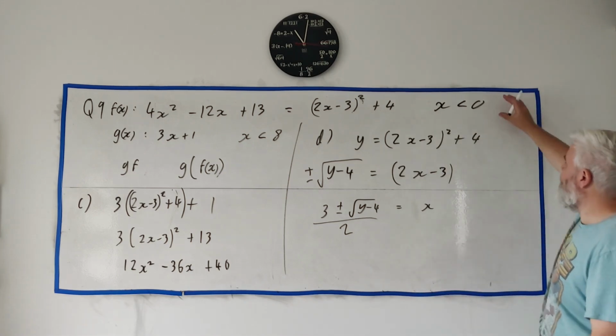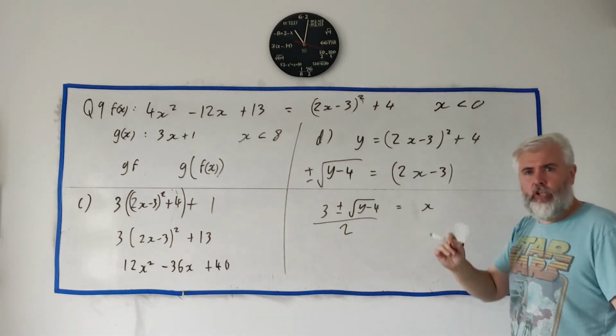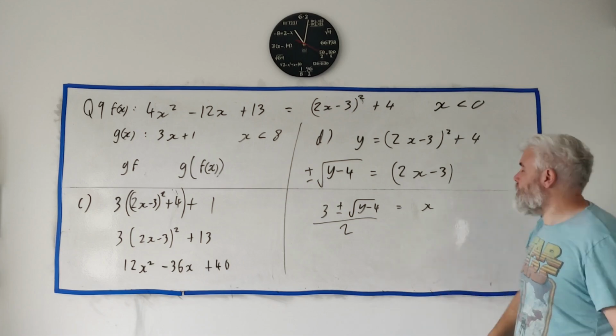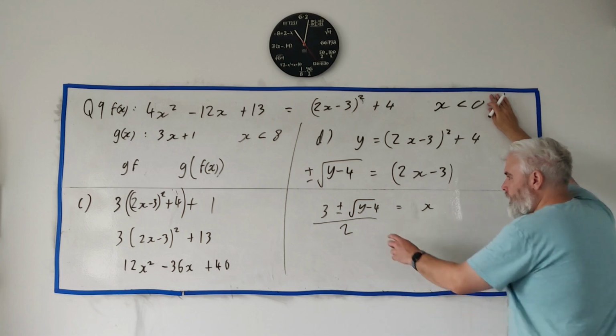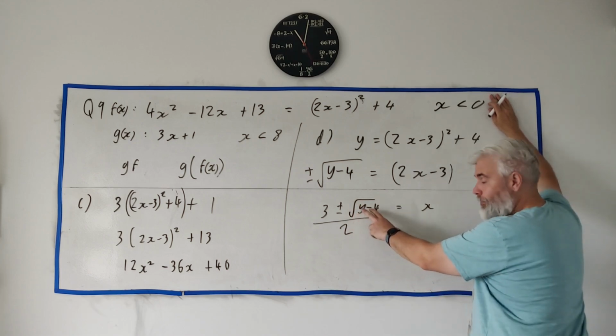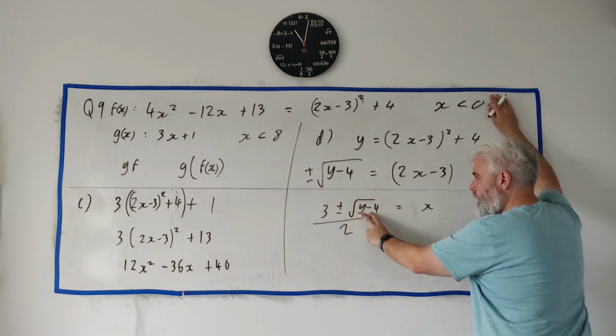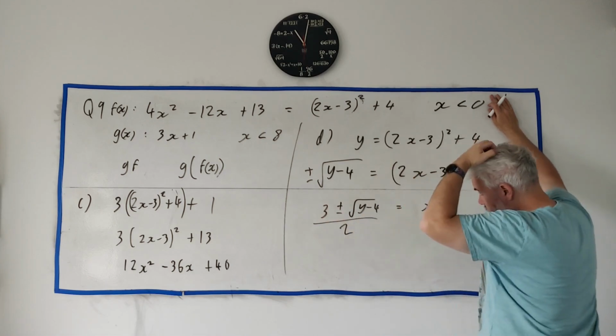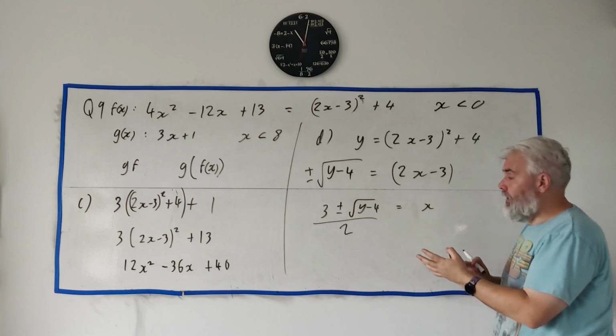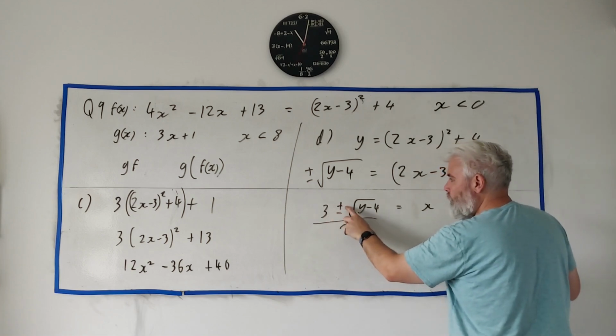Now here's where the x less than 0 matters, this is where you're going to lose 1 mark or not lose it, depending. They tell you x is less than 0. A square root of a number has to be bigger than 0. 3 is bigger than 0. So how could this be a minus? It can't be a minus with a plus here.